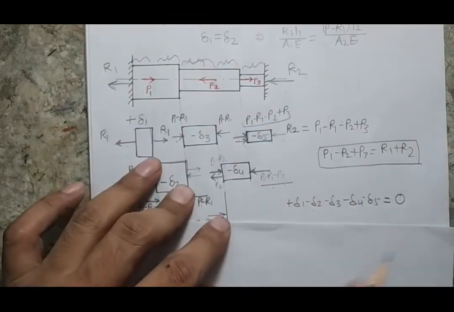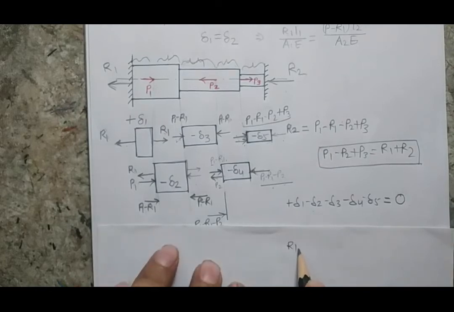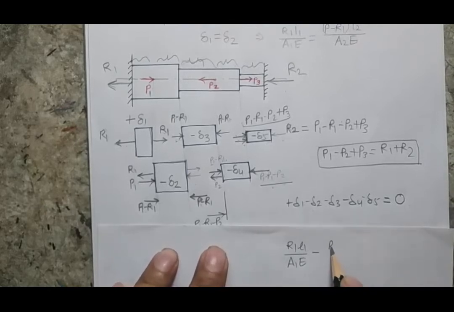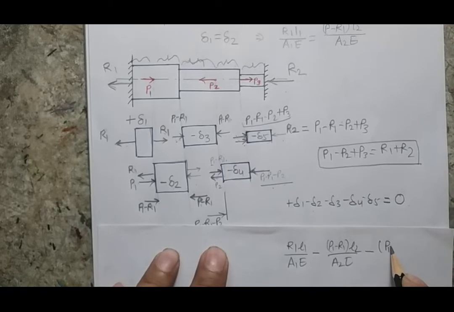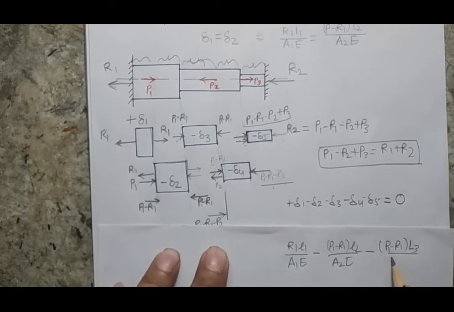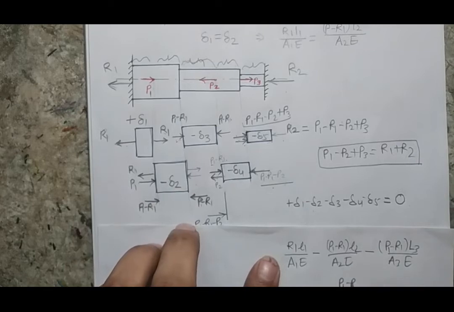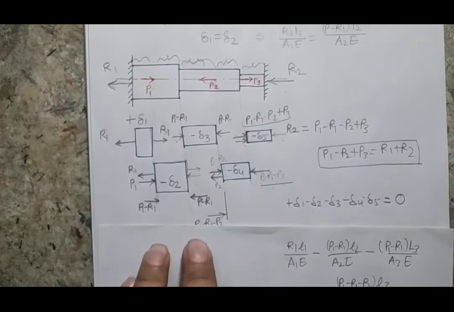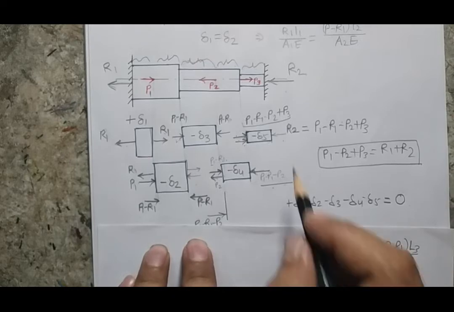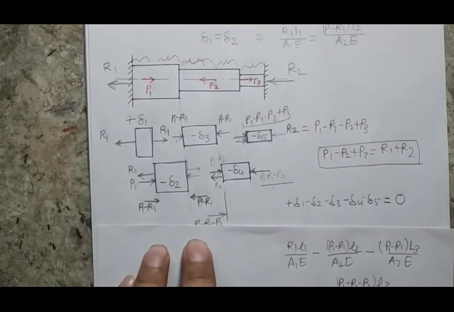So my final equation becomes R1 L1 divided by A1 E1, then minus, and my force value will be P1 minus R1 times L2 divided by A2 E, then minus again P1 minus R1 L3 divided by A3 E. Similarly minus, the fourth one has a value of P1 minus R1 minus P2 times L3 divided by A4 E, and then the last one would be equal to minus P1 minus R1 minus P2 plus P3, or I can write it as R2, and then I can replace the value.